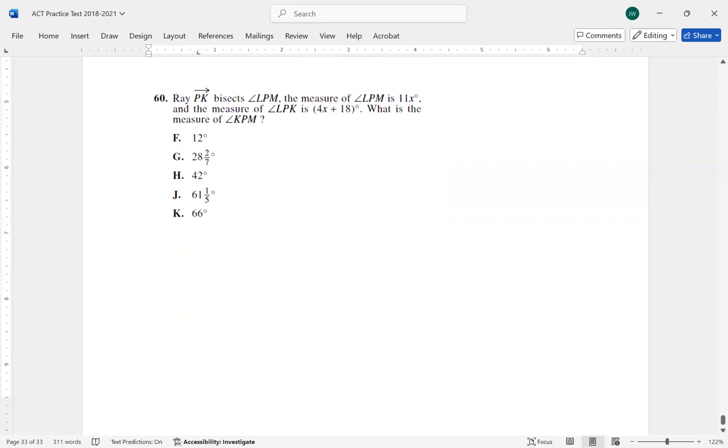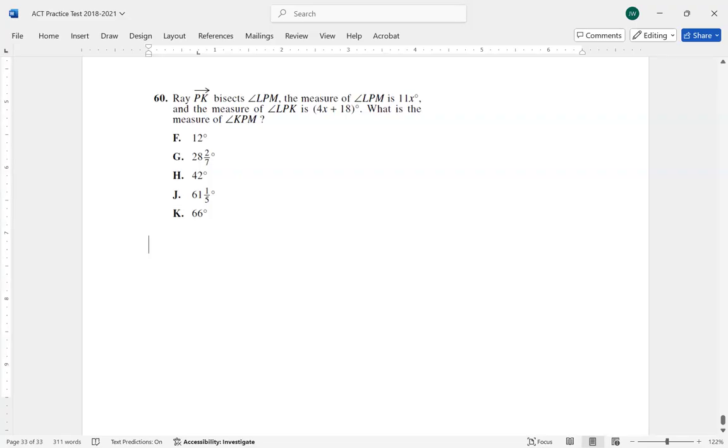Question 60. Ray PK bisects angle LPM. The measure of LPM is 11x degrees. The measure of LPK is 4x plus 18 degrees.